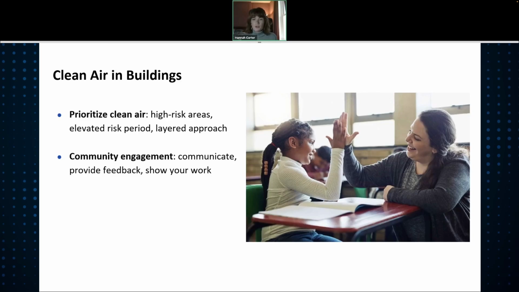And so in addition to ventilation and filtration, schools can implement a layered approach beyond building engineering controls. And last but not least, the course gives some specific suggestions, such as communication strategies, feedback strategies, making your work visible for how to get your community involved, gaining buy-in, and finding strategies to implement clean air in school buildings. So thank you. That's all I have.